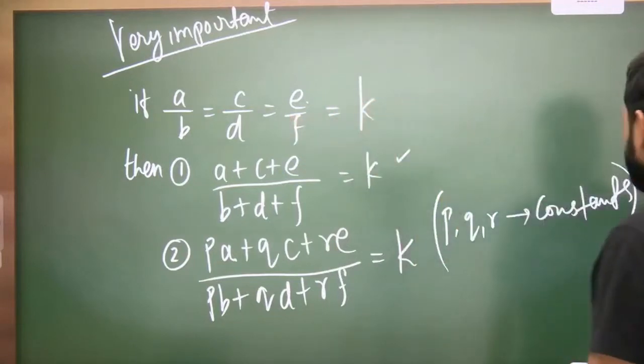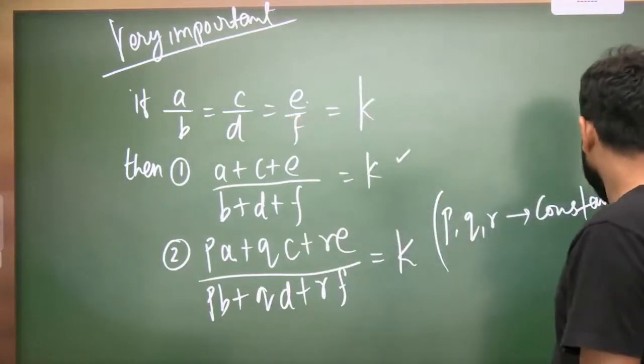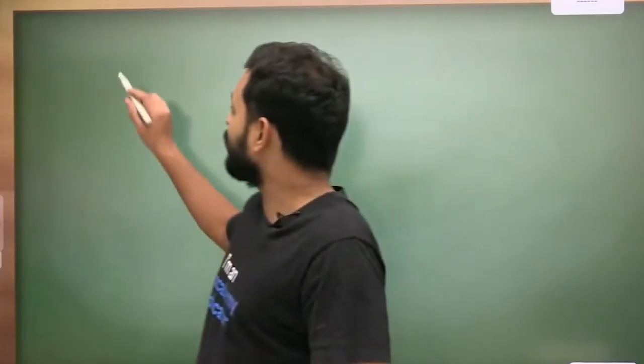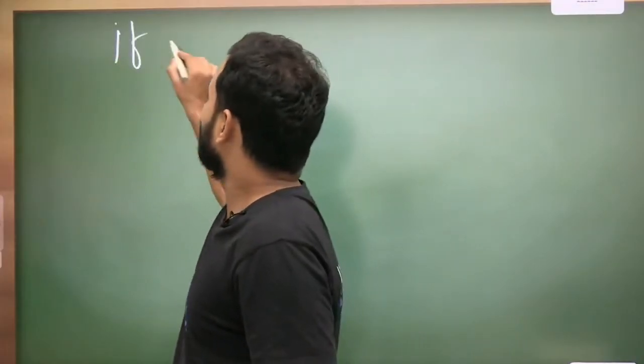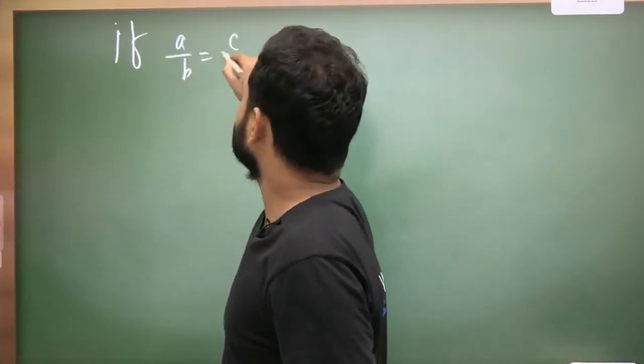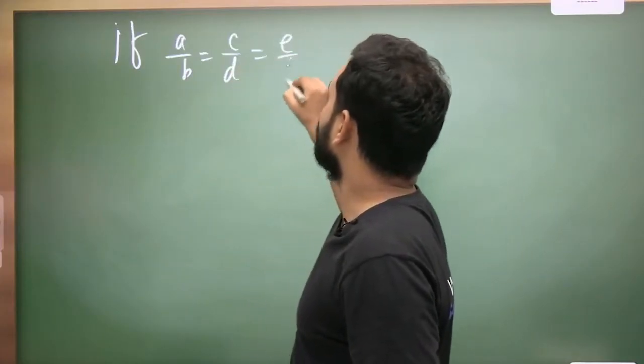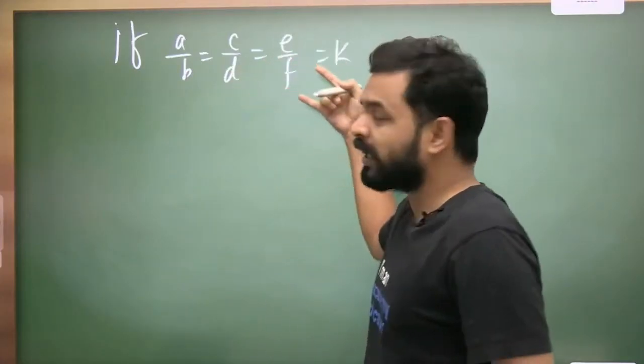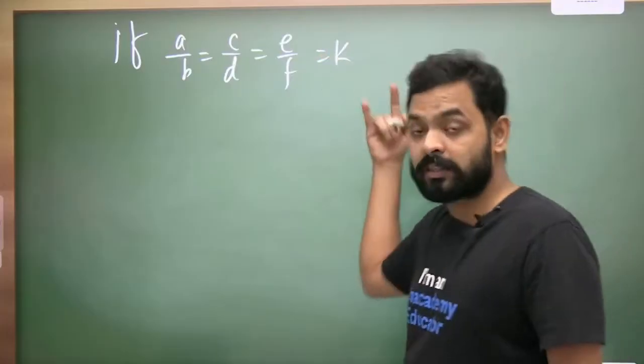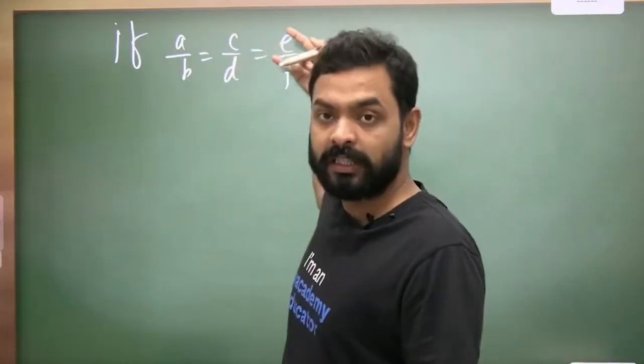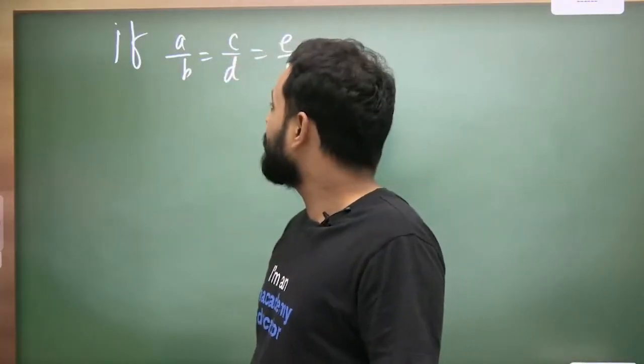So again, last but the most important thing is, if A upon B is equal to C upon D is equal to E upon F is equal to K, you can take some other fractions as well. You can take some other values, a upon b, c upon d, e upon f, g upon h, and so on.